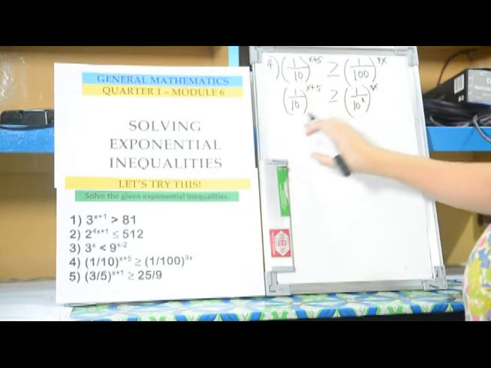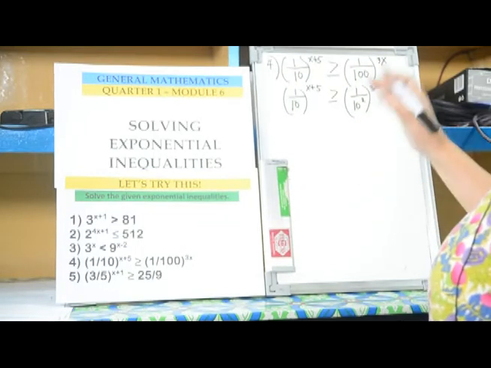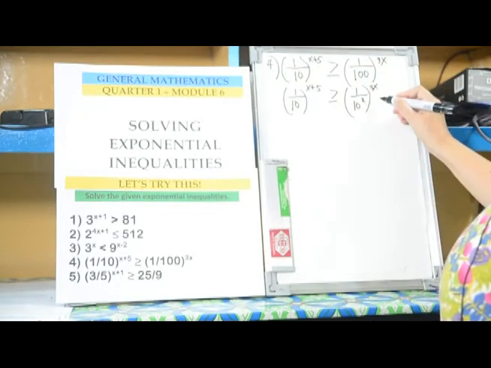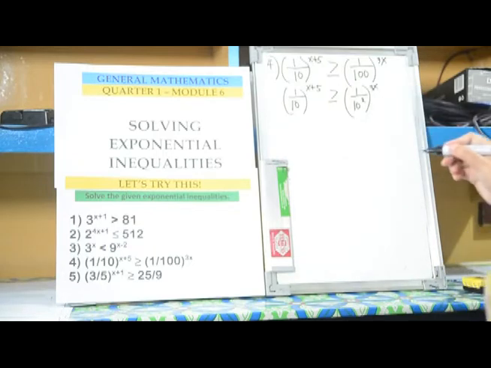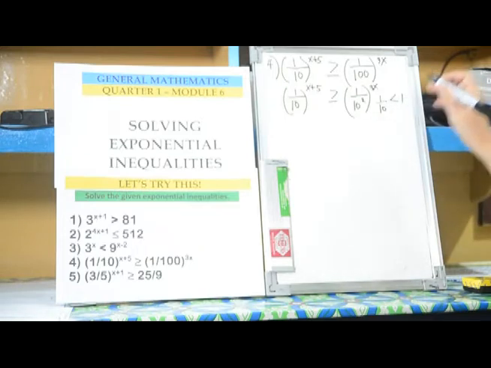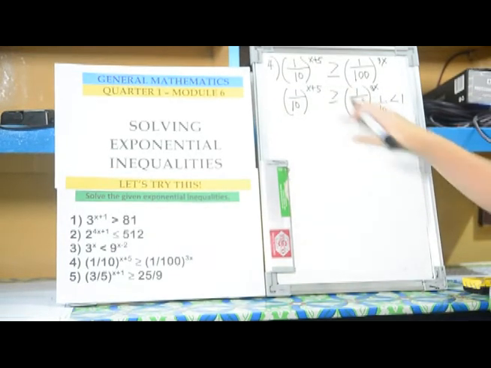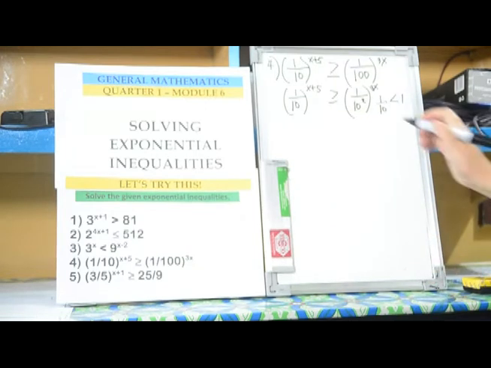So again, we have the same base now, 1 over 10. Let's determine if it is greater or less than 1. 1 over 10 is actually less than 1. Since it is less than 1 and not greater than 1, we need to reverse the inequality symbol in solving for our x.